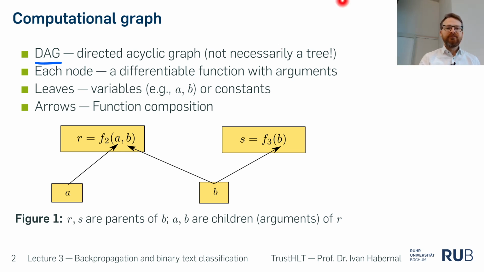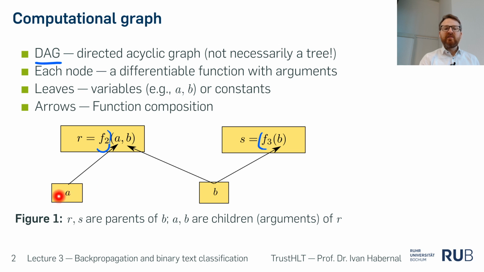Okay, cool. So each node of this graph is some function. So here we have f2, f3, a, b, and things like that, which has some arguments. So the arguments of function f are a and b, and the leaves of this graph, it can be actually a tree, but doesn't have to be a tree necessarily. There could be some sort of diamond shapes in the graph as well, but as long as there are no cycles, we're good.